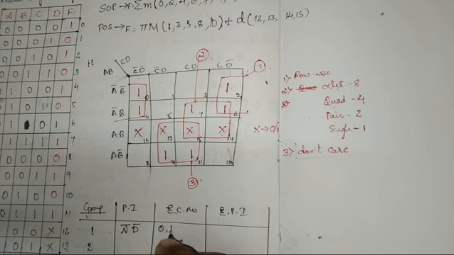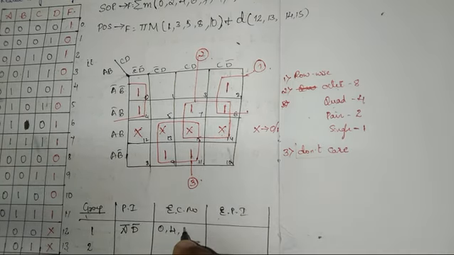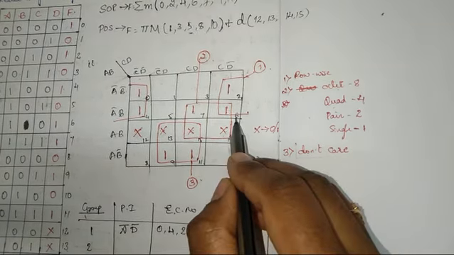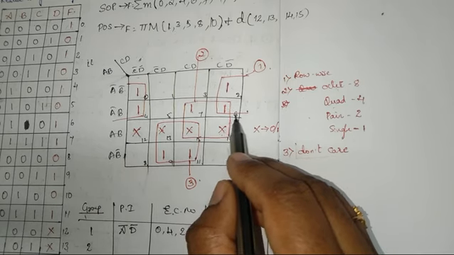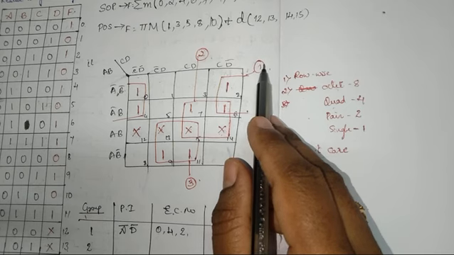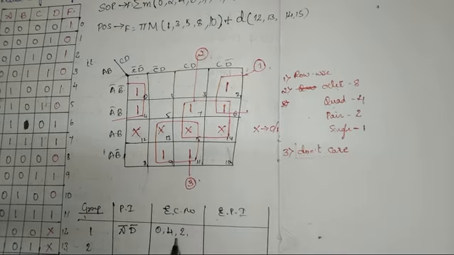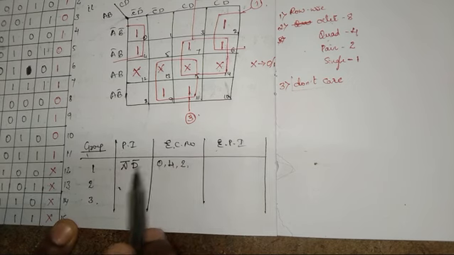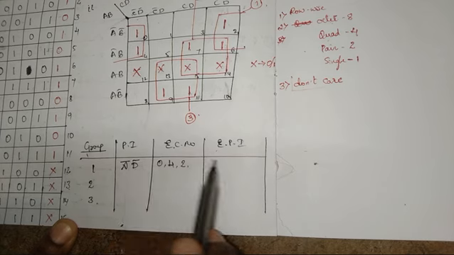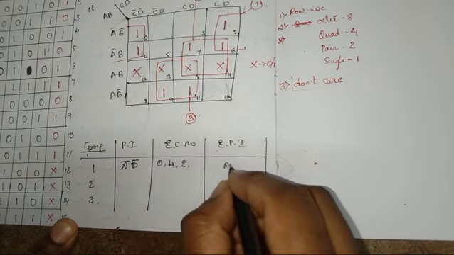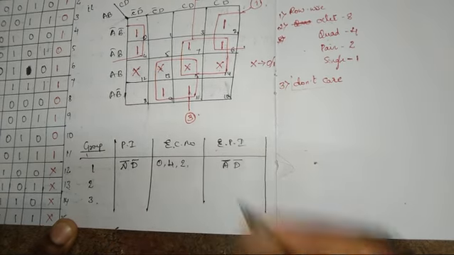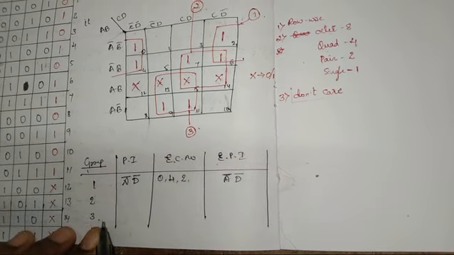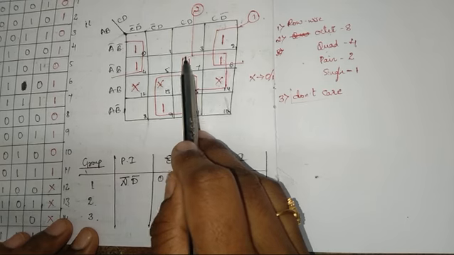Here also cell number 4 and cell number 2, whereas the one in cell number 6 is being used by group 1 as well as group 2, so I'll not write it. If we have any essential cell numbers here, then this prime implicant will become an essential prime implicant, so A bar, D bar.